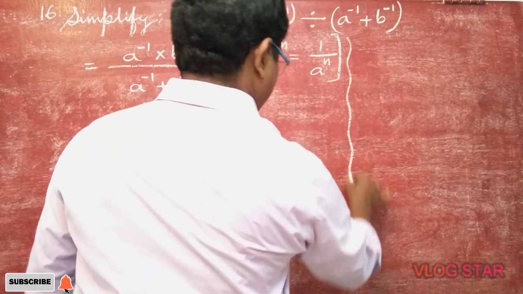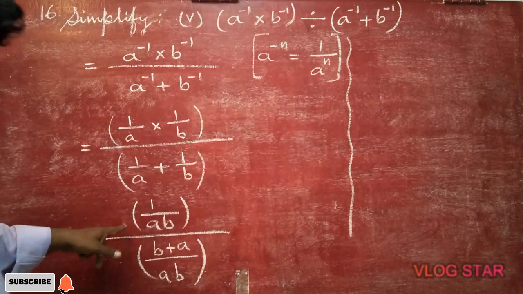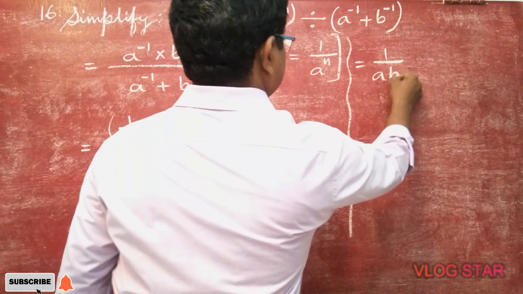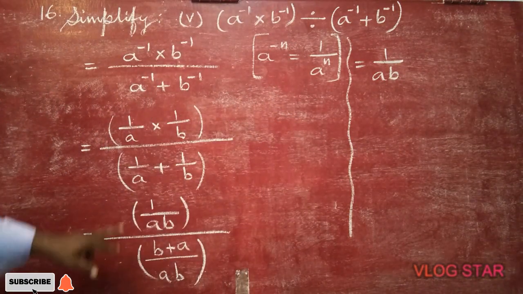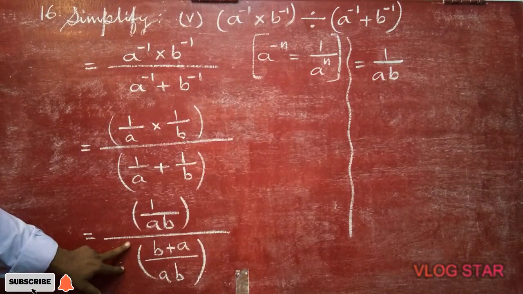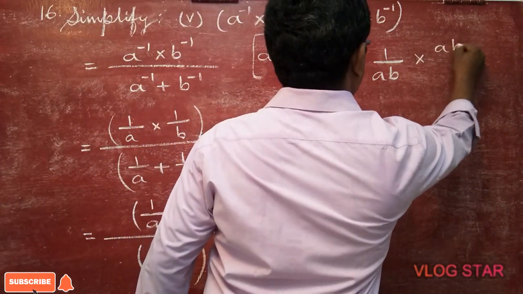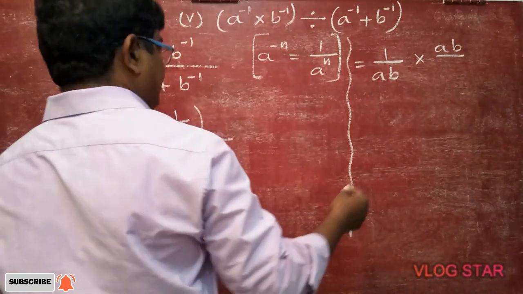So 1 by AB, numerator fraction as it is you write. Denominator fraction, make it reciprocal, into AB by B plus A.